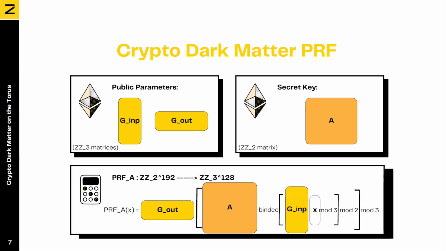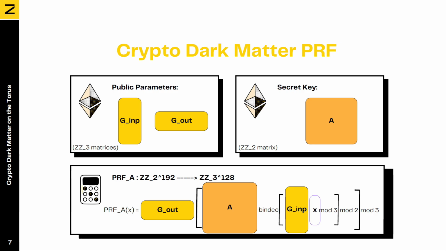When you want to evaluate the PRF on input x, you take your vector x and do a mod 3 matrix multiplication using a public parameter matrix. You binary decompose that in order to stretch the length of that vector by a factor of 2. Then you do the secret key multiplication, which is a mod 2 matrix multiplication.